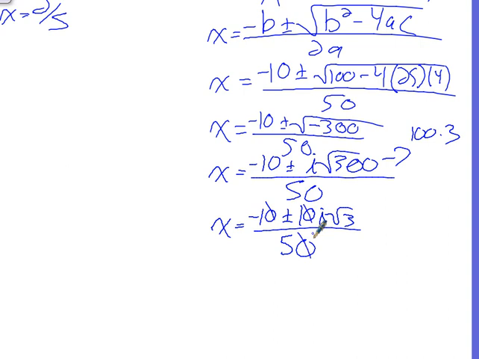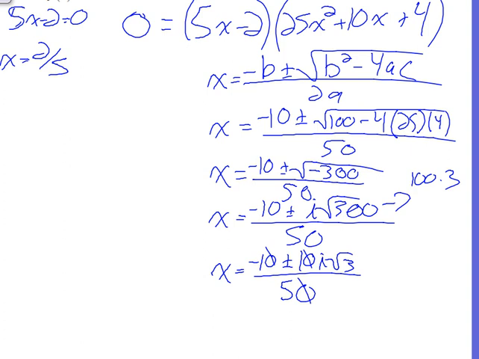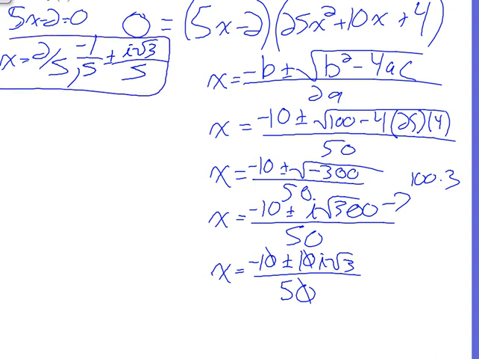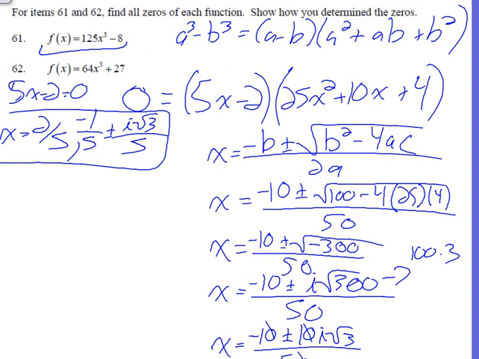So my final answer would then be x equals 2/5, negative 1/5, plus or minus i root 3 over 5. So there we have 3 zeros, and we found the first just by simply doing difference of cubes and solving, and then we found the second by doing quadratic formula.